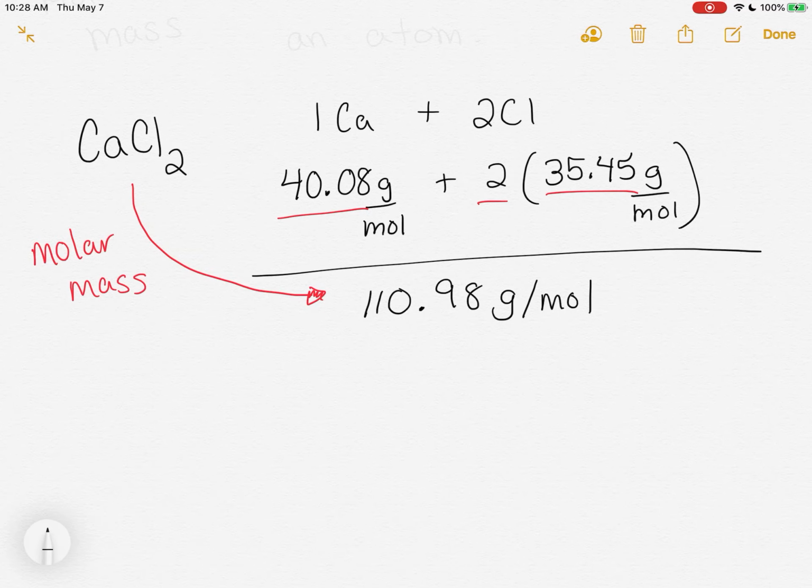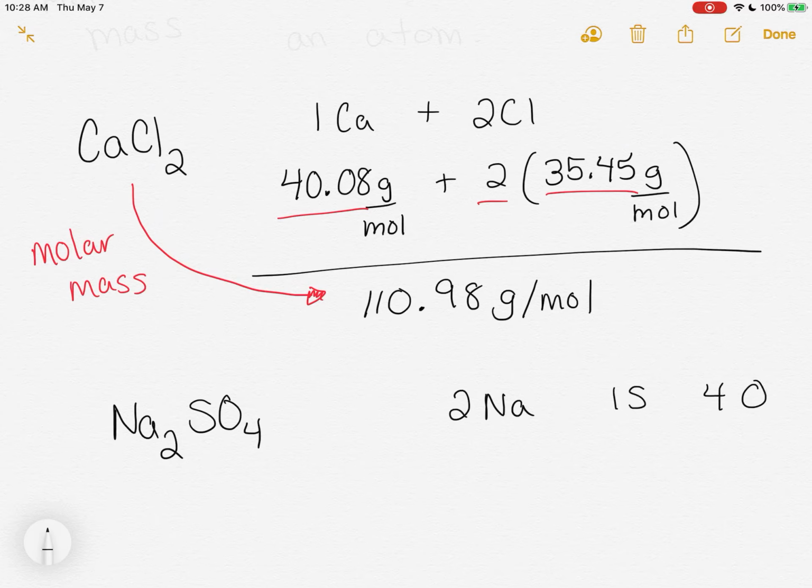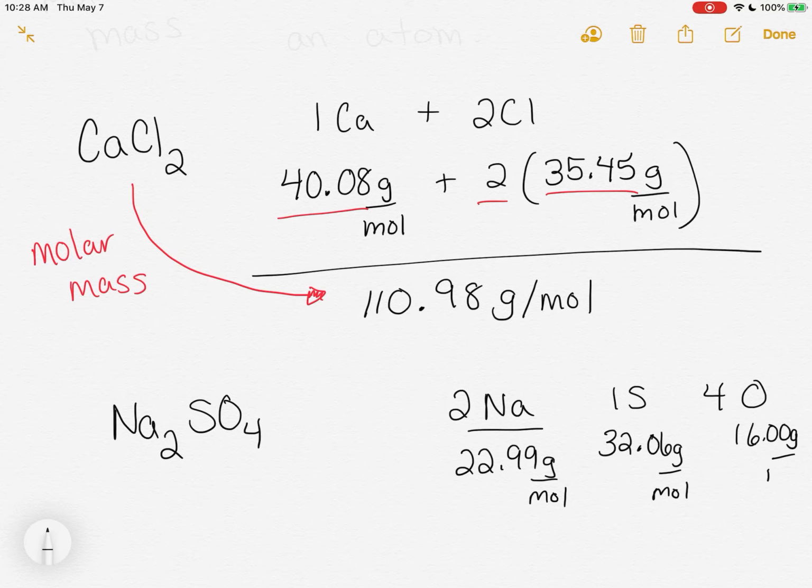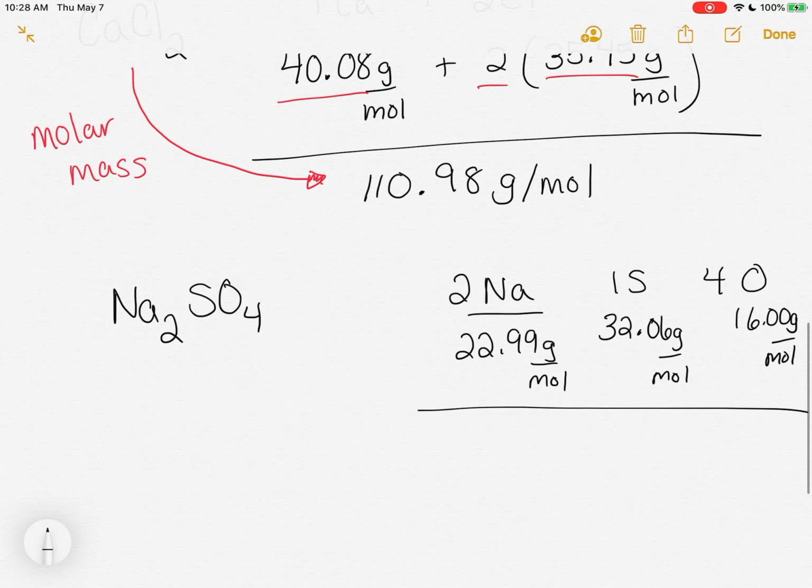If we look at a formula like Na2SO4, there are 2 sodium atoms, 1 sulfur, and 4 oxygens. Sodium is 22.99 grams per mole, sulfur is 32.06 grams per mole, and oxygen is 16 grams per mole.